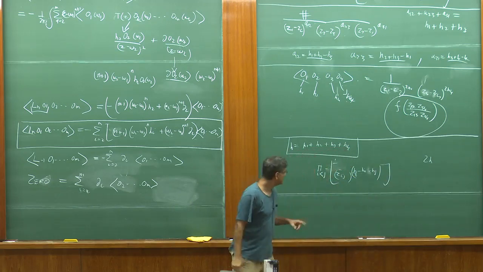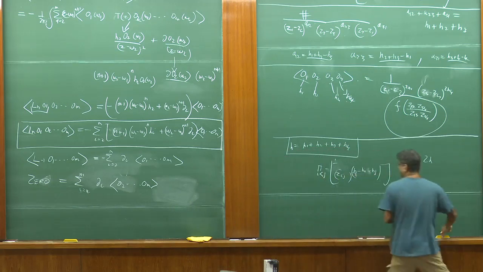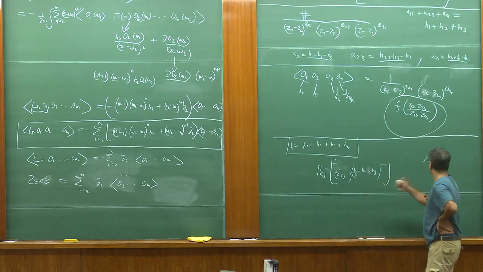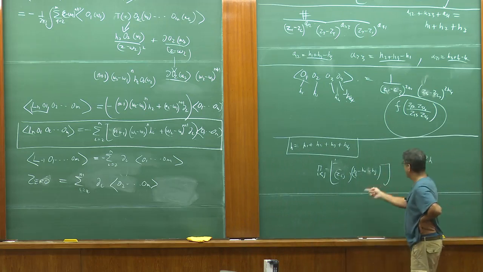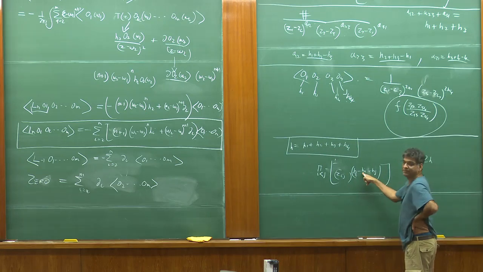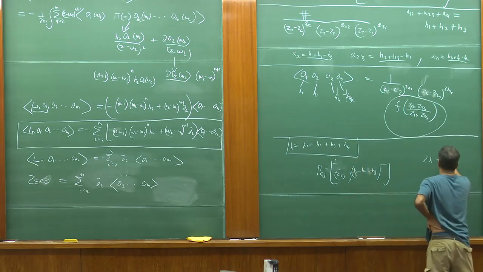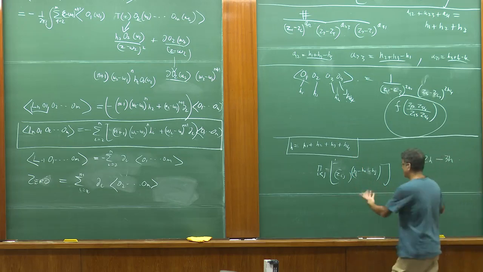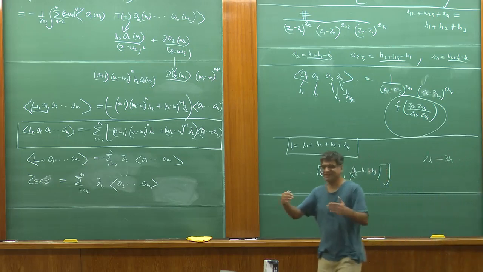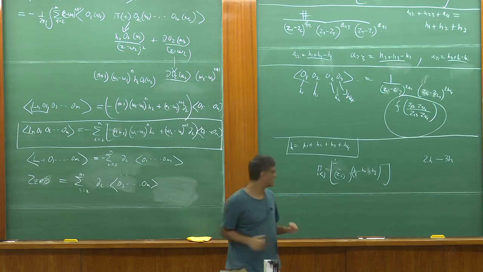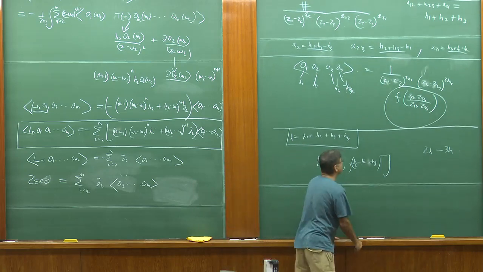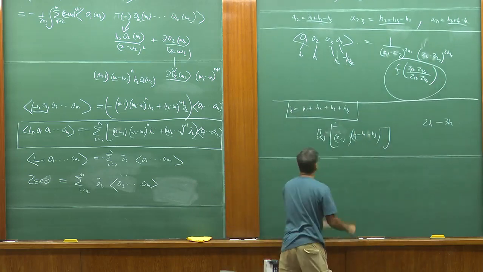Let me check that it's working, then we'll discuss it. How many of these factors were there? There were 6. In how many factors does h1 appear? In 3 of them. So we will get 2h minus 3h, so it will be 1 over minus h.